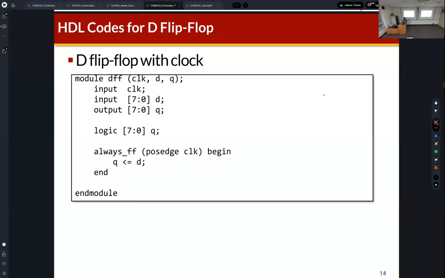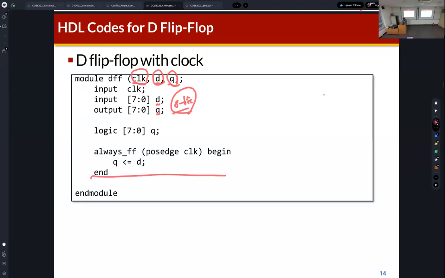This is the SystemVerilog code that can implement a D flip-flop. As I mentioned, it has three ports: the clock input, and then D and Q. The clock is a 1-bit signal, and D and Q have 8-bit width.